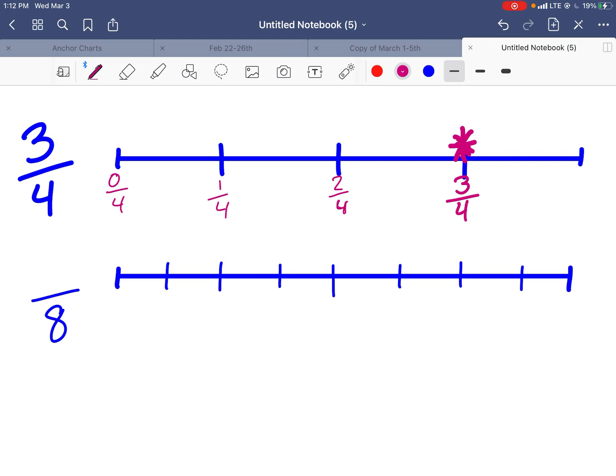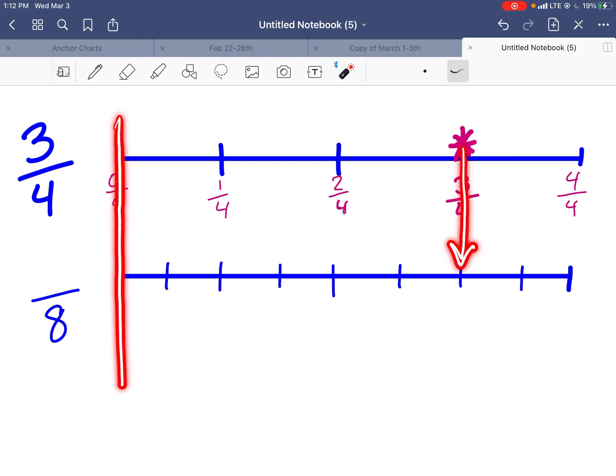There's your 3/4 and then 4/4. I want to see what fraction is directly below it. Do you see how these lines are the same? These two number lines are the exact same.